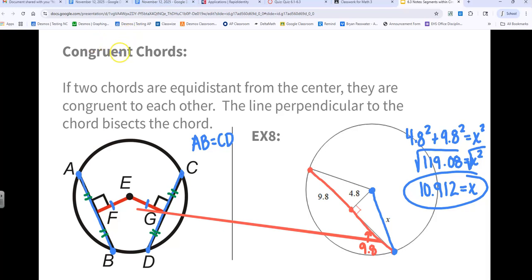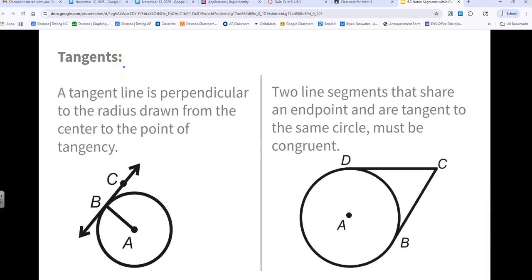All right, got a few more things we need to know. A line tangent is perpendicular to the radius drawn from the center to the point of tangency. So if you have a tangent line, and we should remember from our vocabulary, a tangent line is going to touch the circle at just one point.